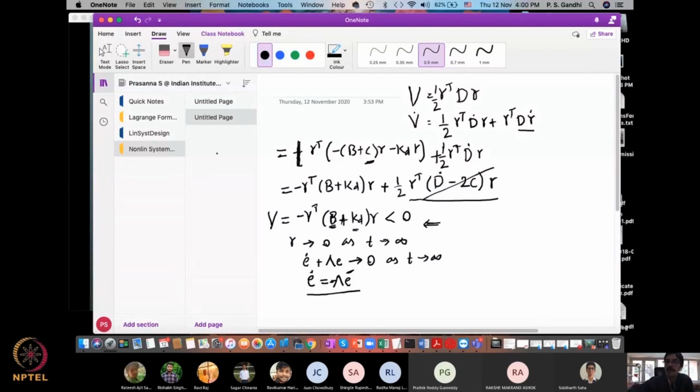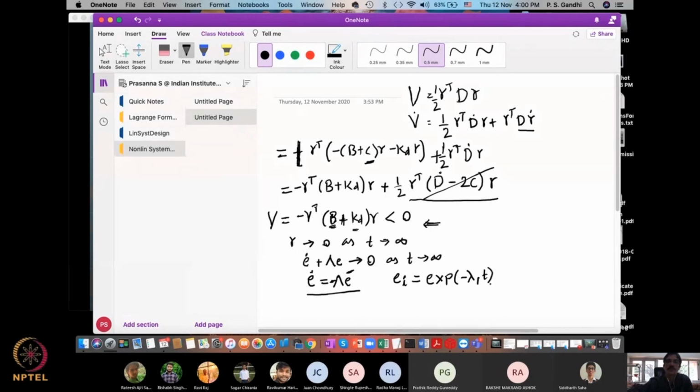If I now write the solution for each of the elements ei, it will be equal to the exponential of minus lambda i times t.